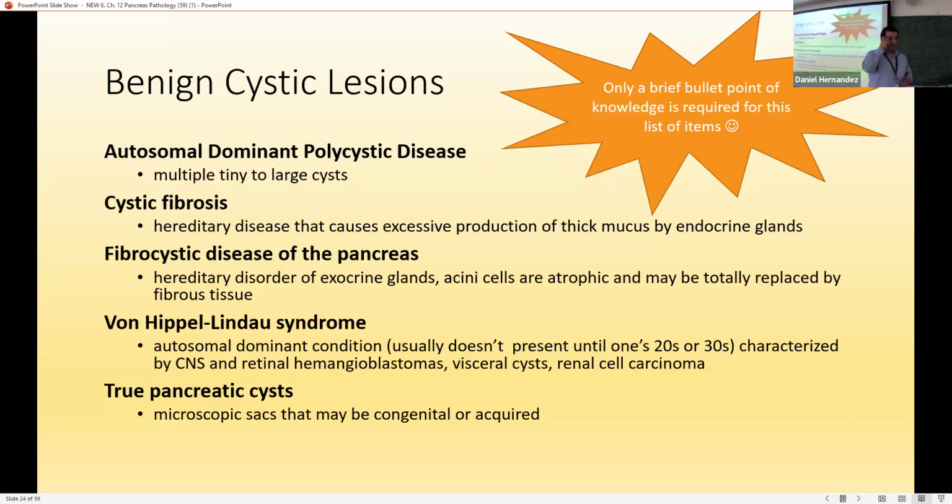Von Hippel-Lindau disease is an autosomal dominant condition characterized by CNS. I have to look that up.